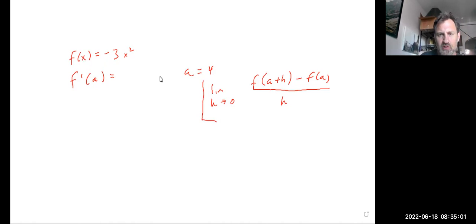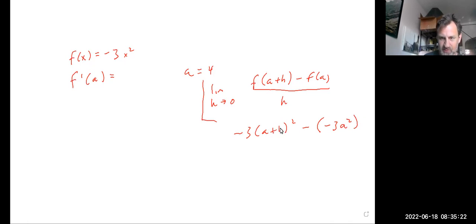So if I plug in a plus h into this function, I get minus 3 times a plus h squared. If I plug in a into this function, I get minus, now I've got to keep track of my negatives here, minus 3 a squared.